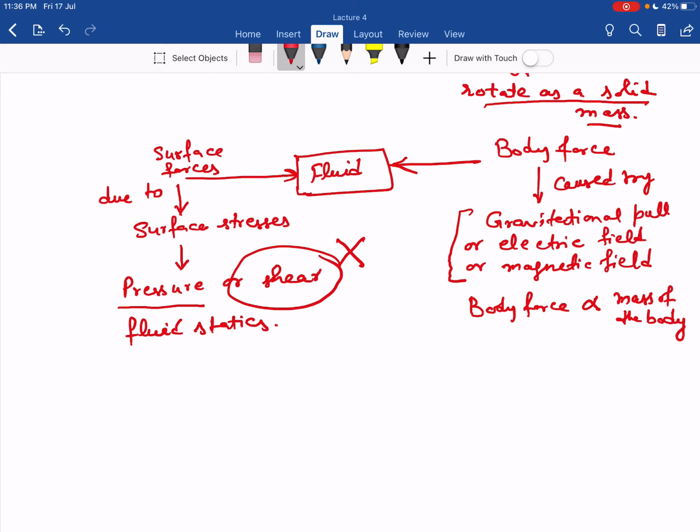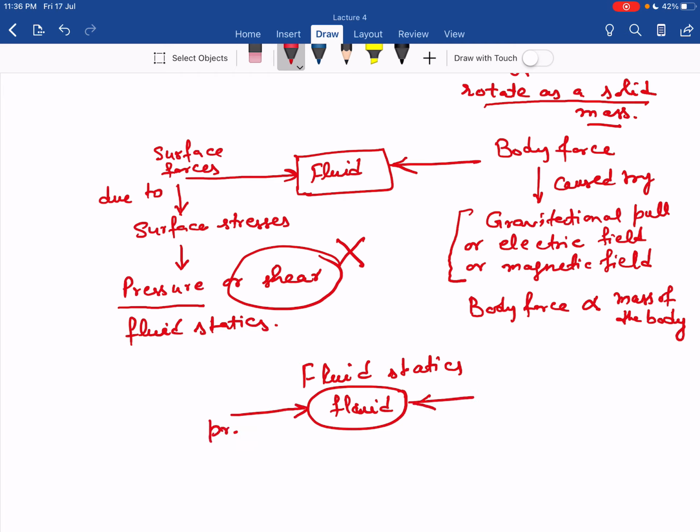So when we talk about fluid statics, any fluid experiences the force by pressure or by body force due to gravitation, if we neglect the other effects on the body force, that is electric or magnetic effects.